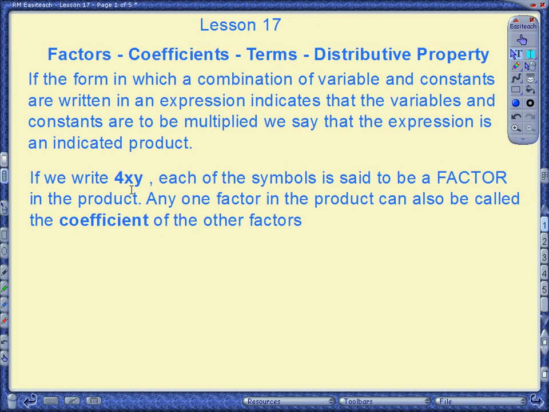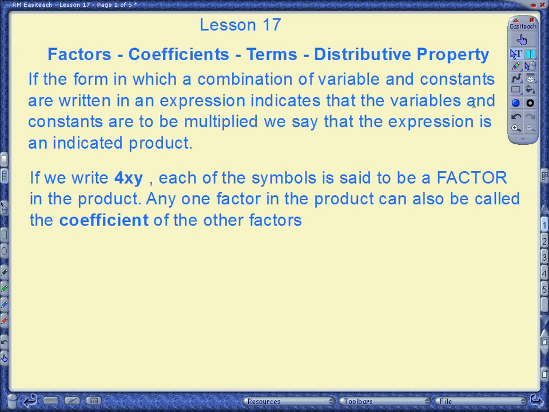If we write 4xy, each of the symbols, the 4, the x, and the y, is said to be a factor in the product. Any one factor in the product can also be called the coefficient of the other factors.